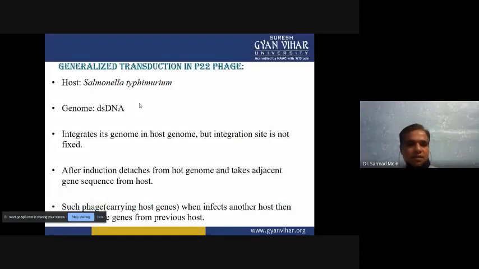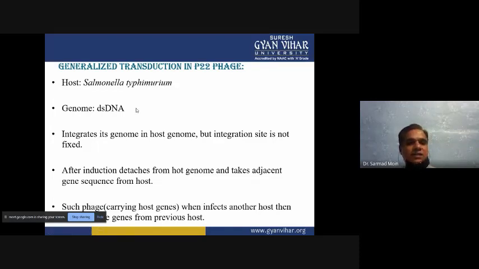Okay. Then another example is the P22 type of phage, and the host is Salmonella typhimurium. So the P22 phage infects Salmonella typhimurium, and the genome is double-stranded DNA. Same thing, double-stranded DNA is packed into the P22 phage particle, and it integrates its genome into the host genome, but the integration site is not fixed.